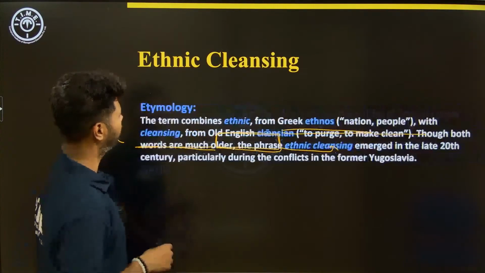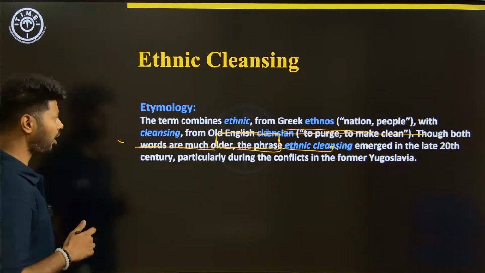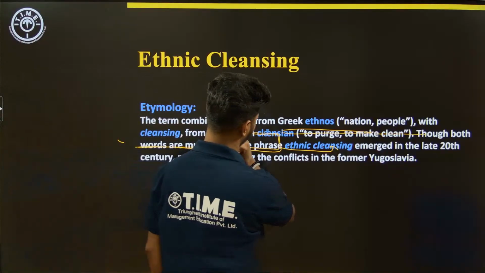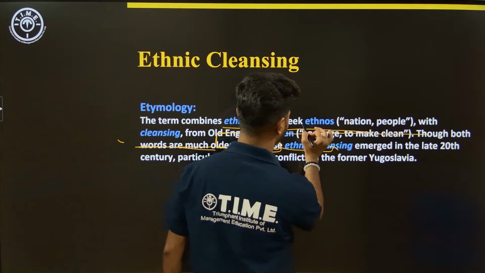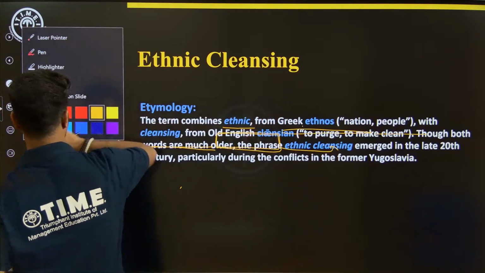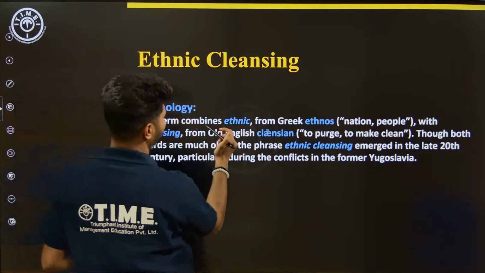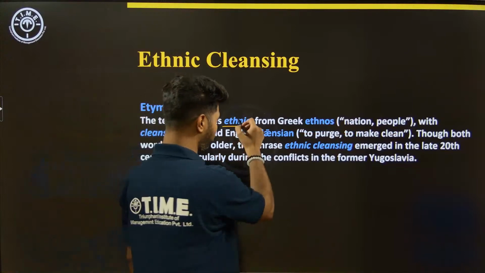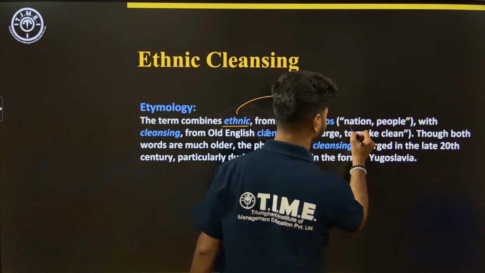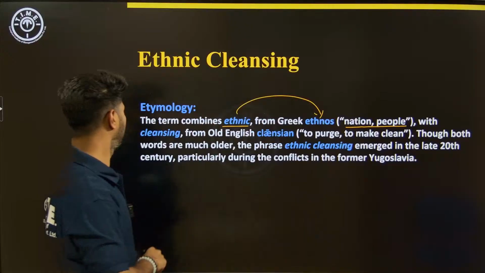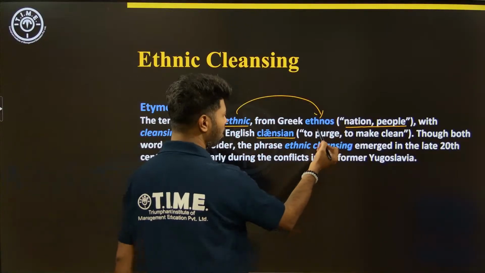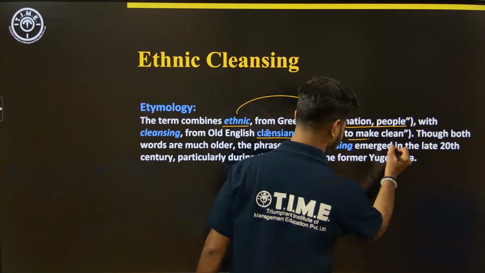Right? Let's take a look where the word comes from. Etymology. The term combines ethnic, meaning group, which comes from ethnos, meaning nation or people, with cleansing, which comes from Old English clænsian, to purge, to make clean.